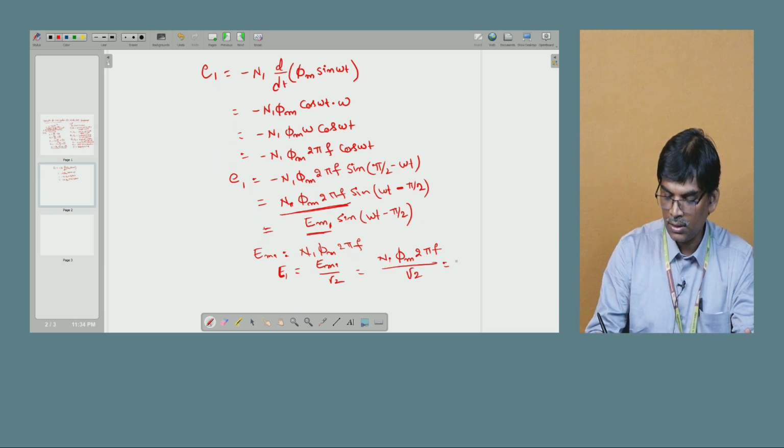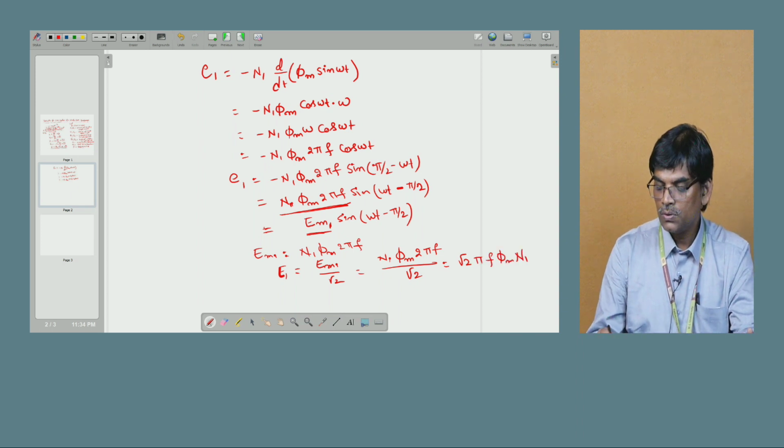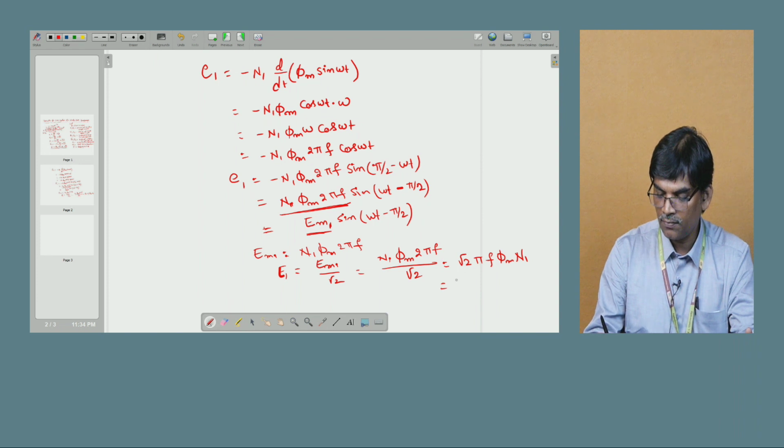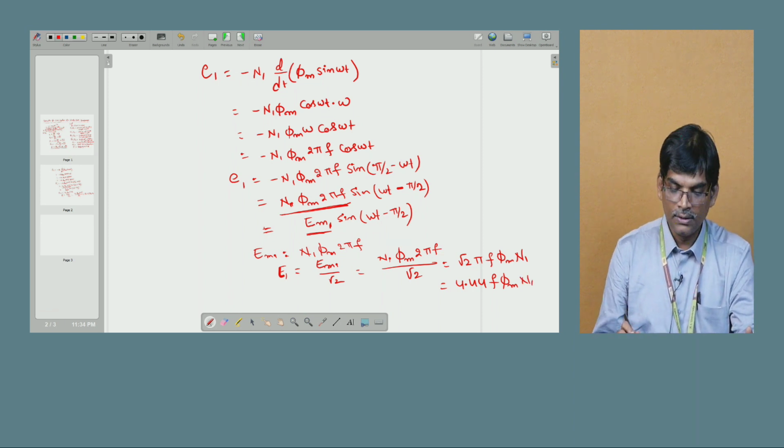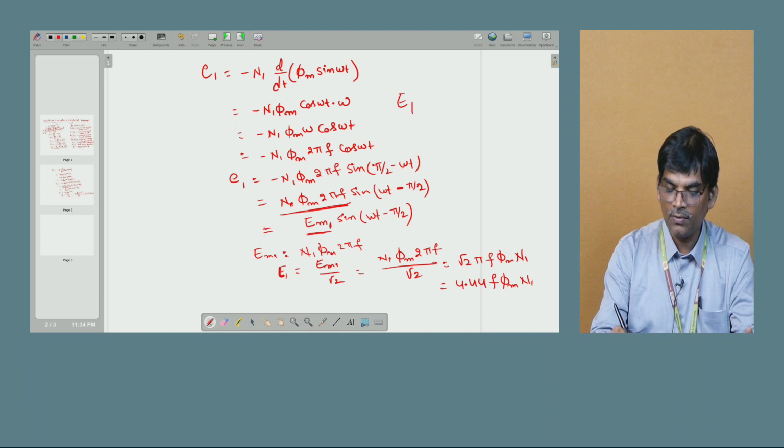Root 2 into π is approximately 4.44. So this is the primary side voltage. Finally we get E1 is equal to 4.44 frequency, flux and N1 number of turns.